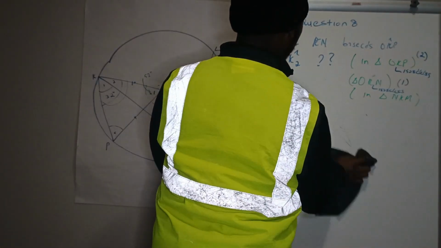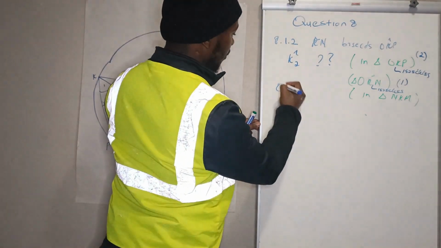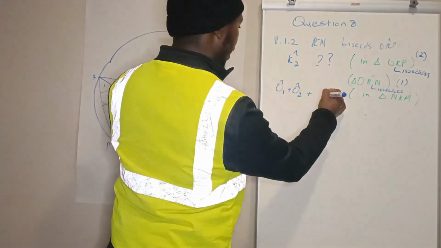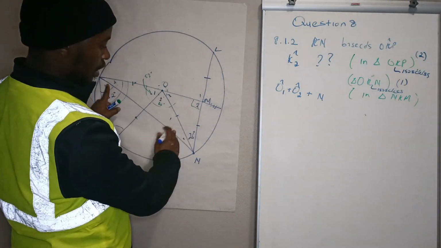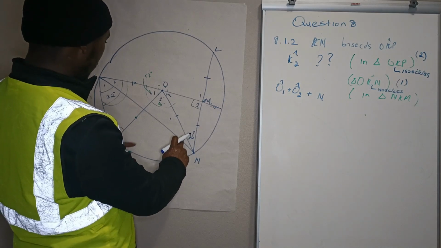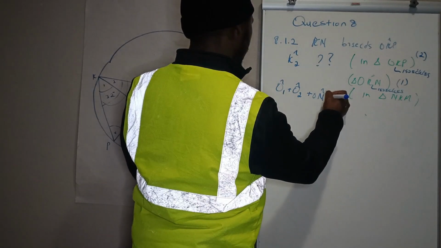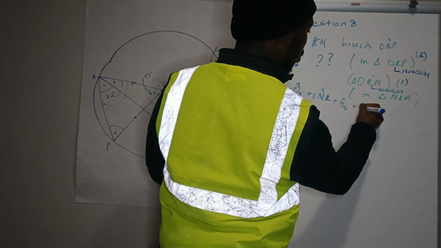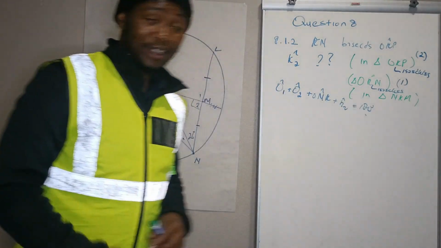Now we can sum up the values in the triangle. So O1 plus O2 plus N, but it's not just N, it's O, N, N. So there's two angles of N, so we can go for this route. So this angle is ONK. Then you add K2. This should equal 180 degrees. I haven't looked into that triangle, you might have noticed.